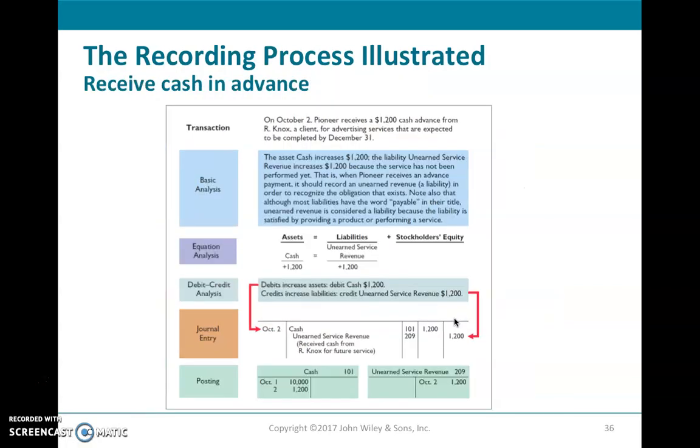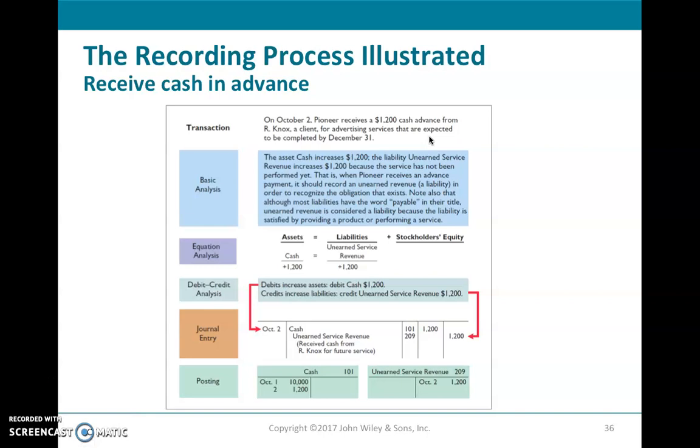Now, we're going to go over what is unearned service revenue, or unearned revenue for short. That's when the company receives cash from a client for services to be provided in the future. Which types of companies have that? Attorneys normally have that.